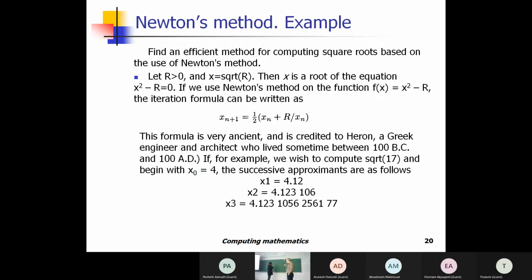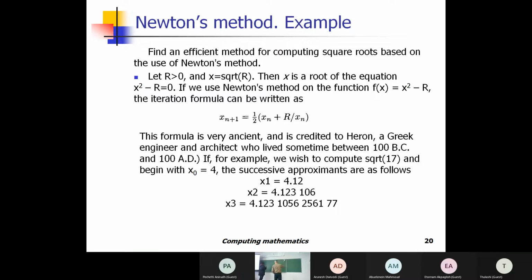What is f of x? f of x is written. What should we do first to apply this formula? Look at this formula.